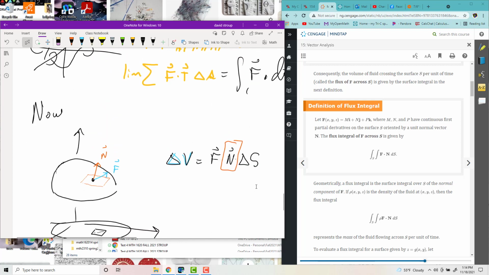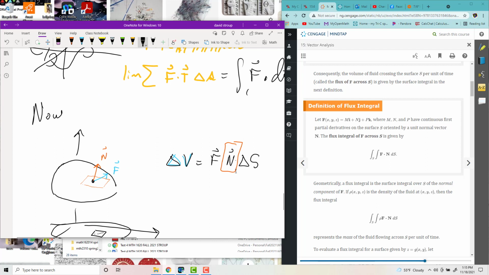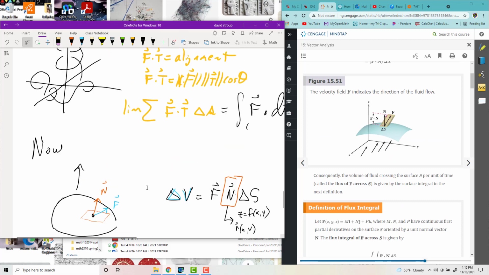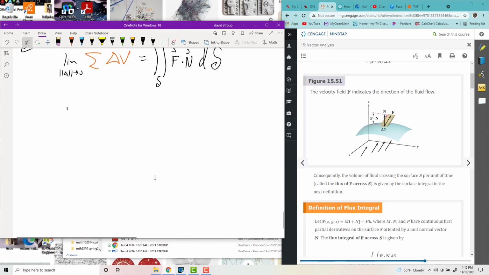Okay, so I need to develop a formula for this normal vector, and I need to do it in two ways, because now we have the surface z equals f of x, y, but also the surface r of u, v. So you need two different versions of normal vectors. So let's set it up. Part A, we're talking about orientation of the surface.